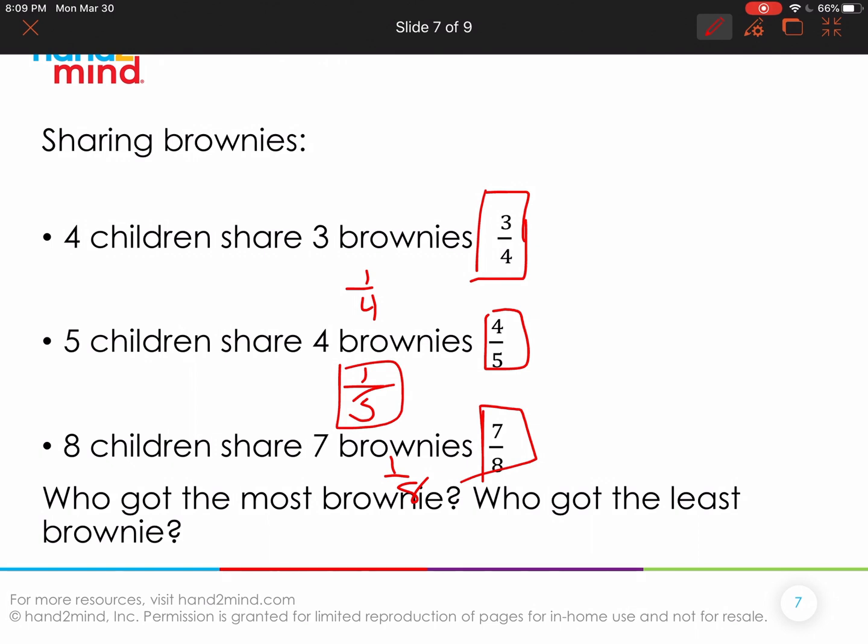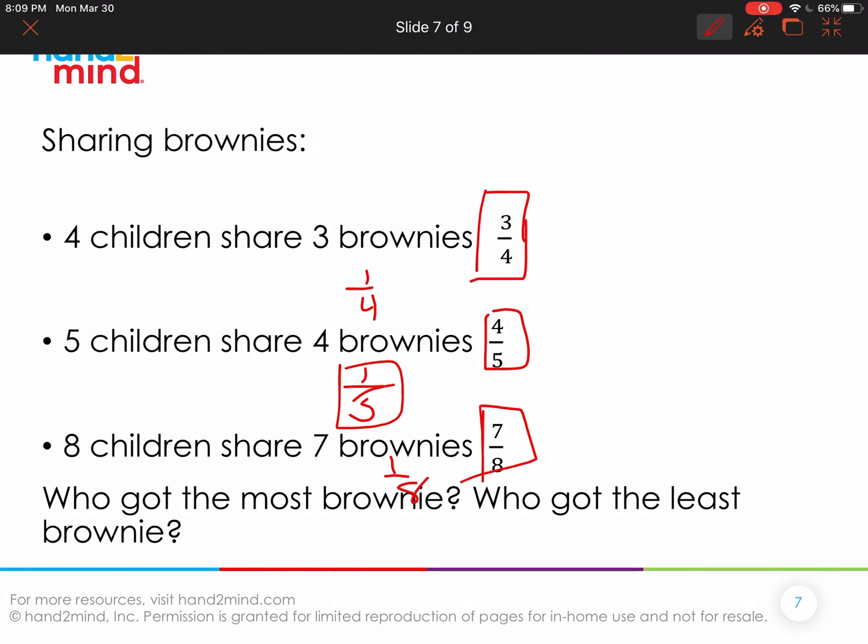Well, I know that a 4th is bigger than a 5th because it's cut into fewer pieces, so those pieces are going to be bigger. I know that 1/5 is going to be bigger than 1/8.